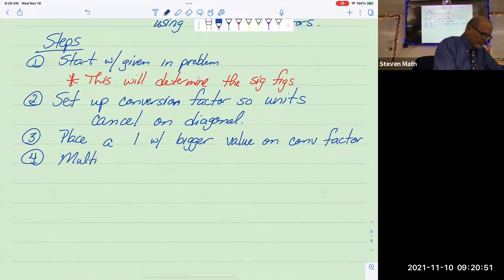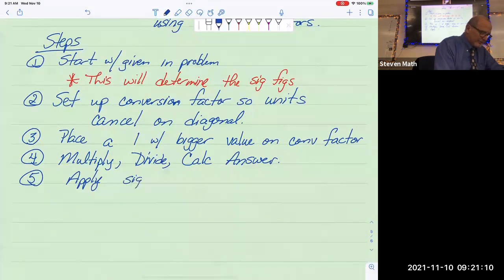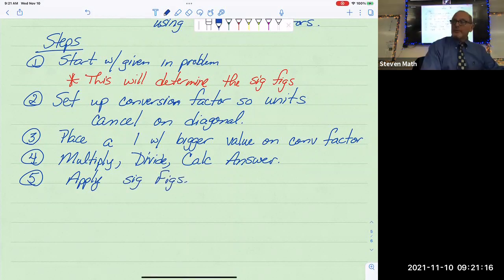Four, multiply, divide. Calculate the answer. Five, apply sig figs. Now that's a lot of writing. The problem's actually easier to do.